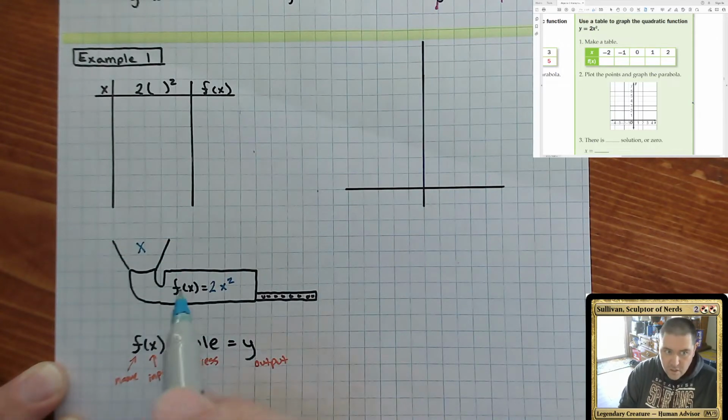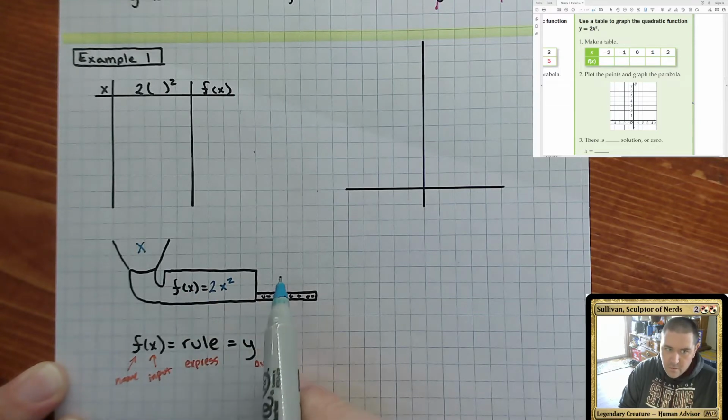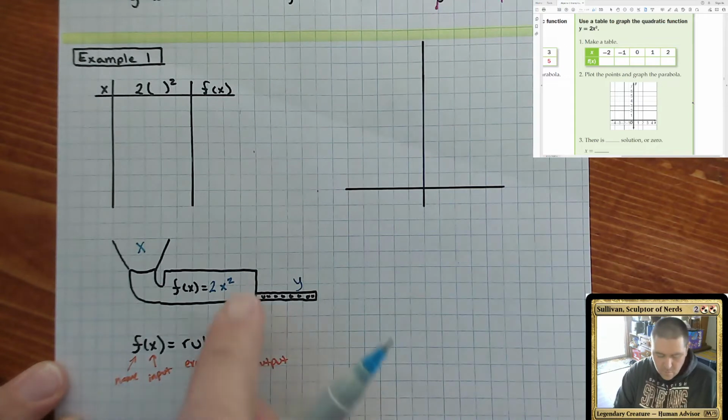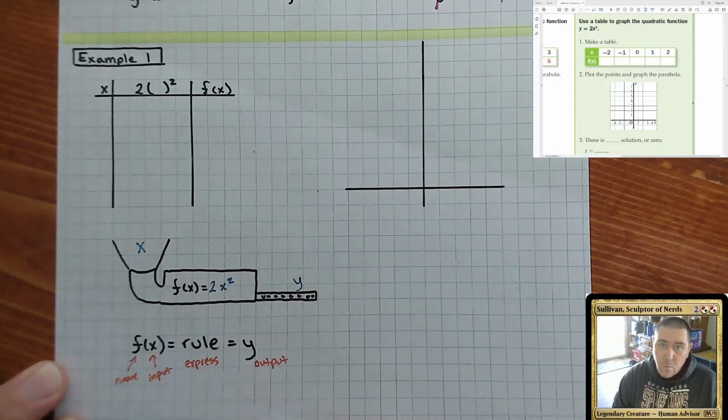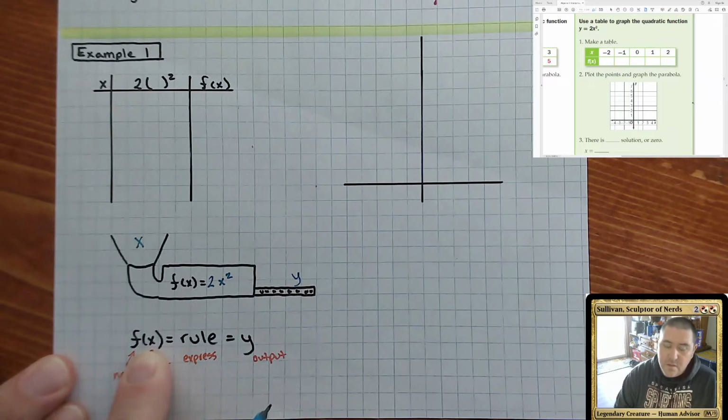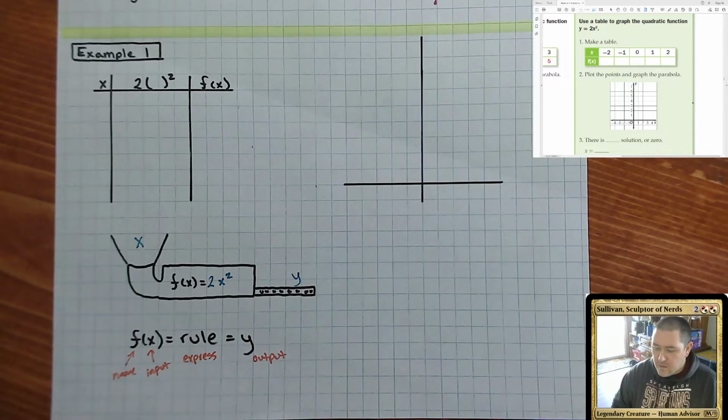What it's going to do is take an input, throw it into the machine. So it's going to square stuff and then multiply by 2. And it'll spit out a y. So we've seen this before, way back when, but the idea behind function notation is it's a more technical, correct way to show you what an equation does.